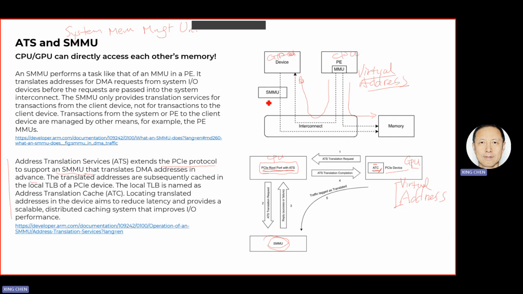Only with this SMMU, the system memory management unit, does the GPU get the possibility to read this CPU memory. Okay, so the SMMU performs a task like that of the MMU in the CPU.